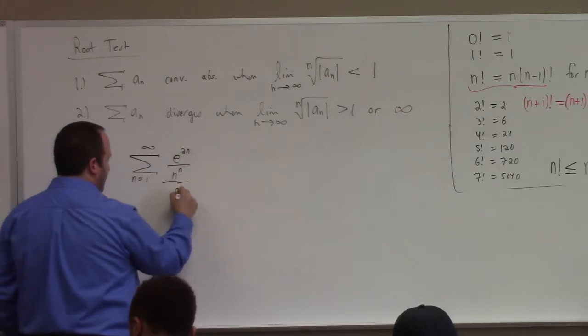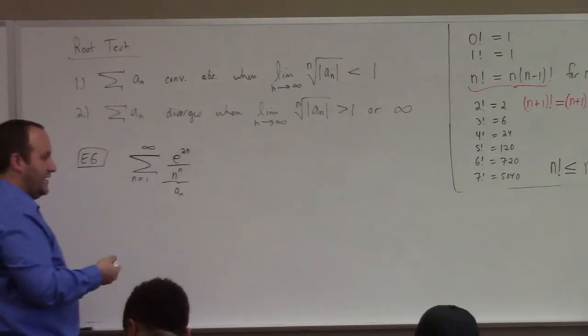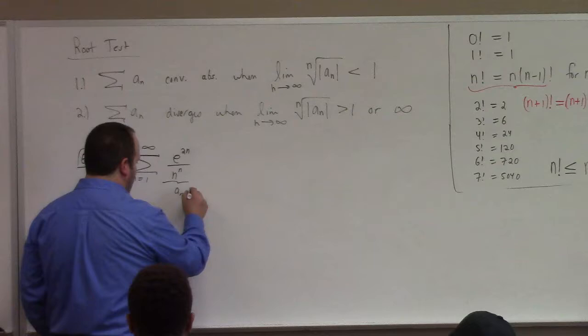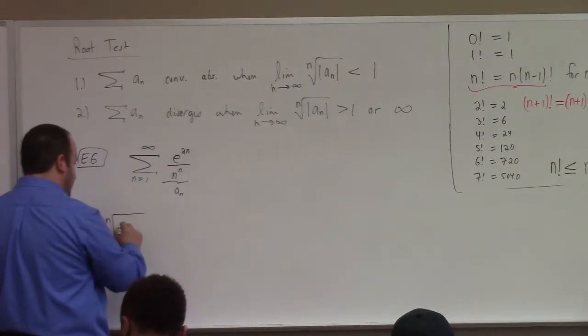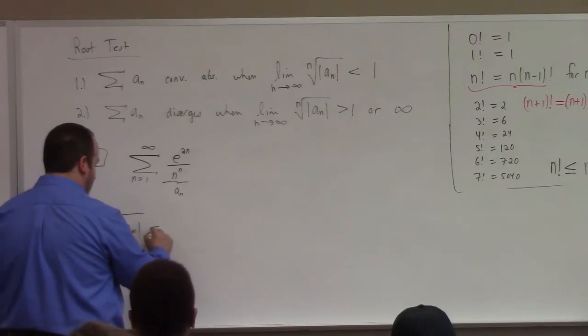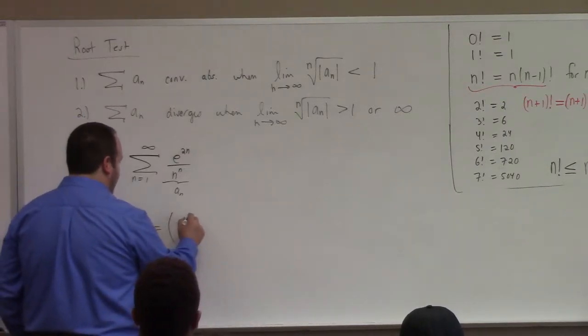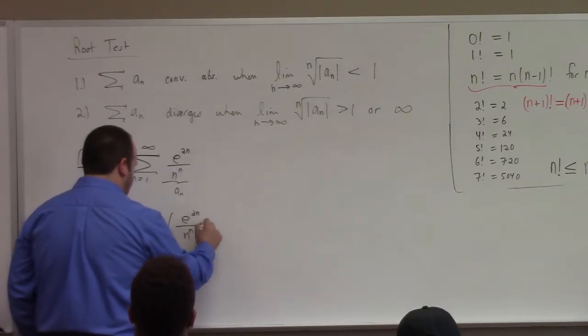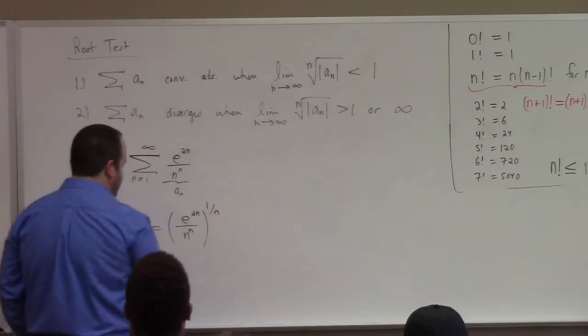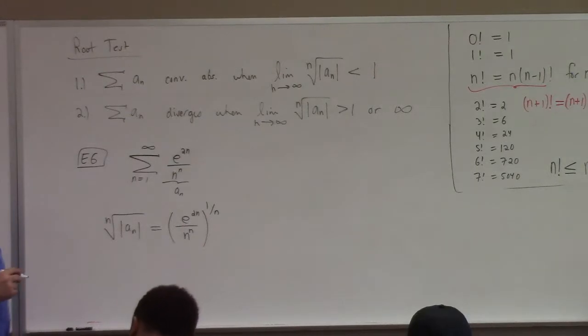So here's my a sub n. And to use the root test, I'm supposed to look at the nth root of the absolute value of a sub n, right? In other words, this is e to the 2n over n to the n, all to the 1 over n power. So what happens there?